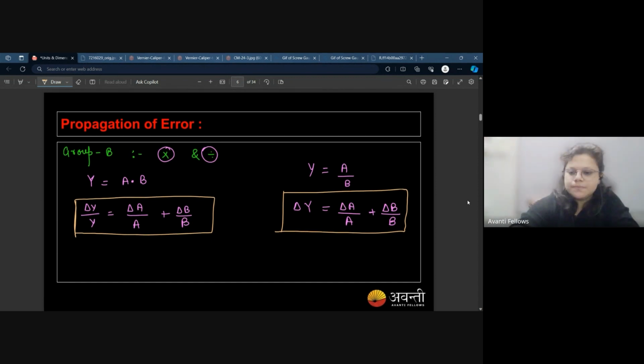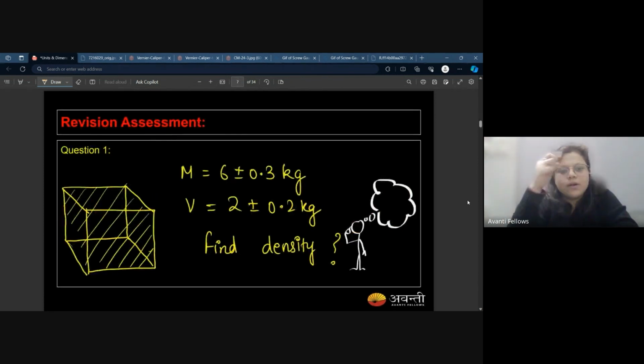Let's move ahead. You have this question number 1. Basically, we have a cube and the mass and volume of that cube is given to you. I want you to calculate the density of this block. Can you do that for me? Is the question clear to you?